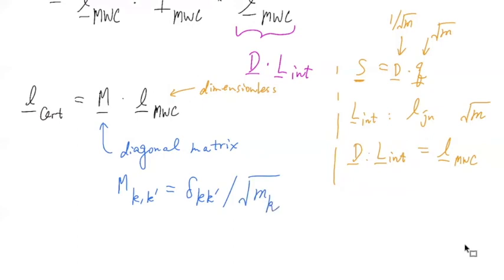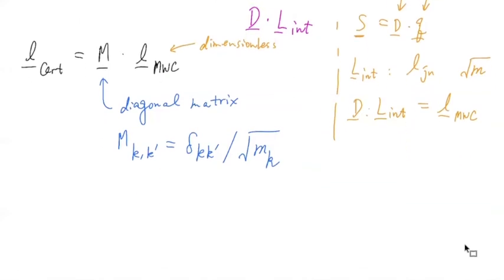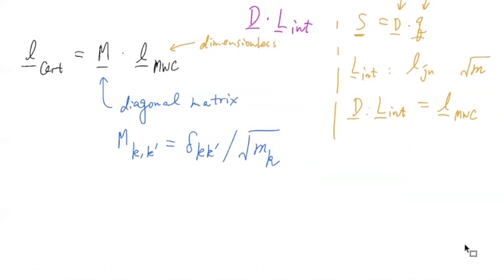So, of course, this is diagonal. On the diagonal element, K is equal to K prime. You can say M_KK is equal to 1 over square root M_K, right? M_K is the mass associated with the Kth degree of freedom, or the Kth coordinate.